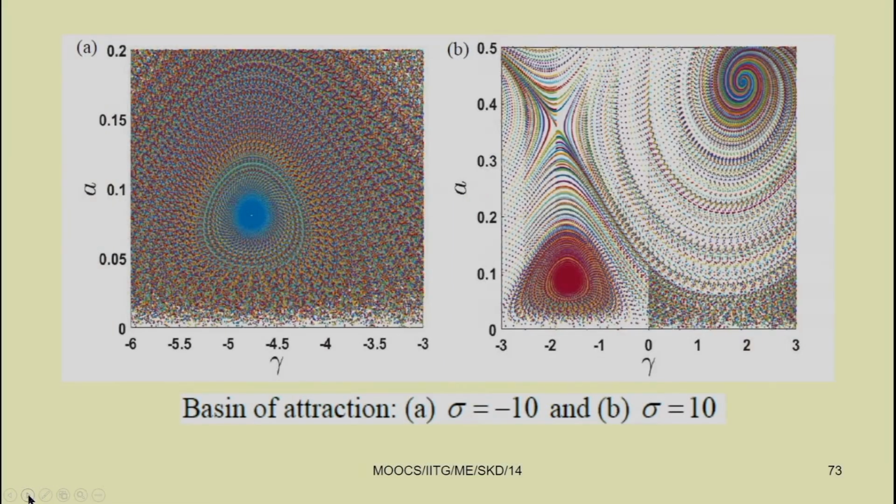Here we can study the basin of attraction by taking different initial conditions, and we can see the clear basin. This unstable point is the saddle point, and these and these are stable points. This way one can study the Duffing equation.